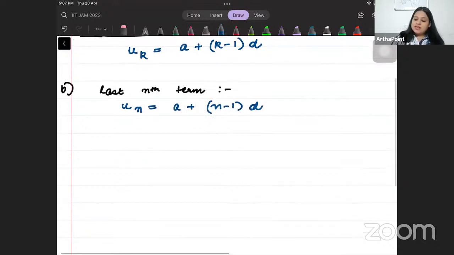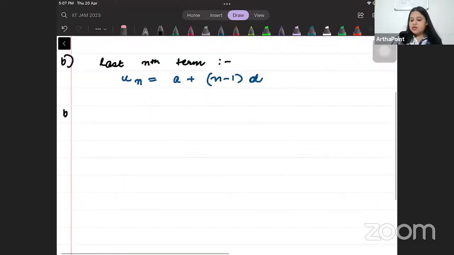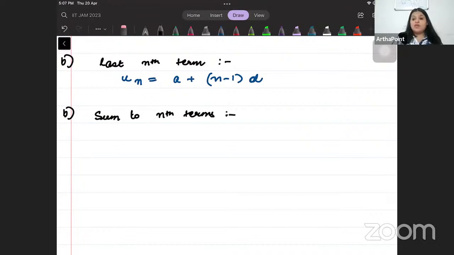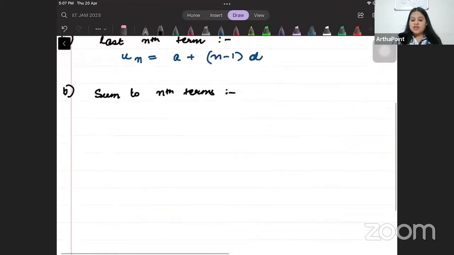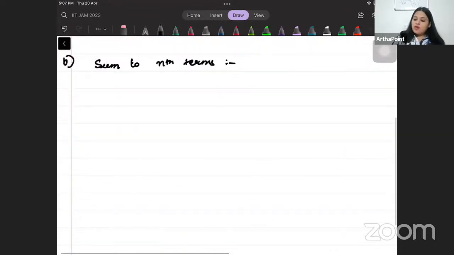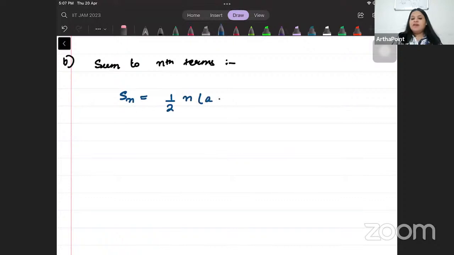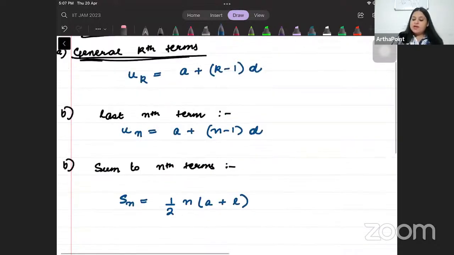उसके बाद, the next thing that can come in AP is sum to nth term. So suppose they ask you what is the sum of first 5 terms, or the sum of first 10 terms. So the formula of this is Sn is equal to half n A plus L, where L is the last term. तो ये जो L था हमारा यहाँ पर, this was my last term.